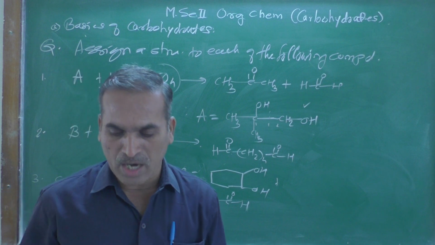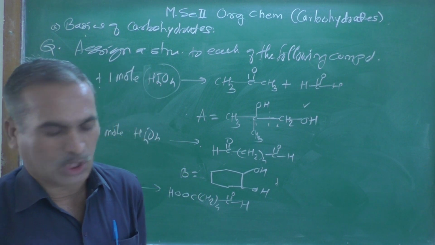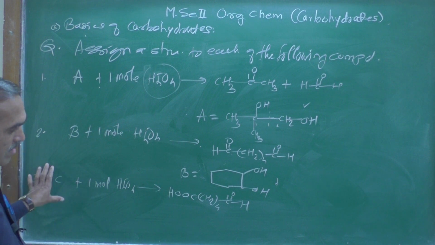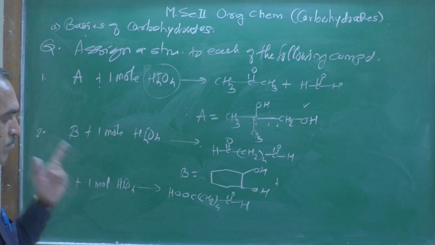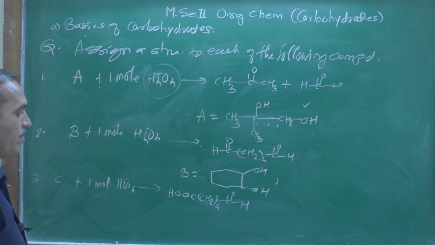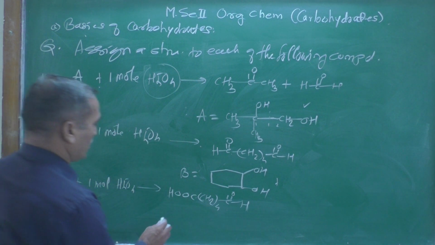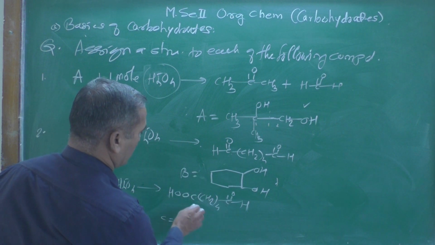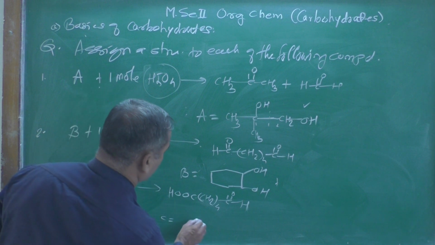This is the compound which we got after 1 mole was consumed with that C. We don't know the structure of C, but we know the structure of the final compound. So what should be the structure of C? You have to think how the structure of C gives this one.